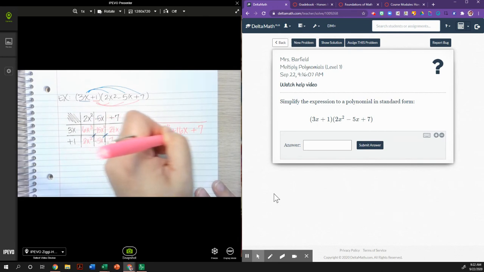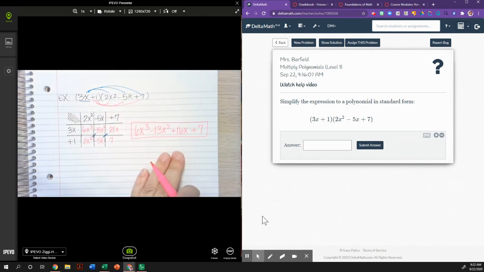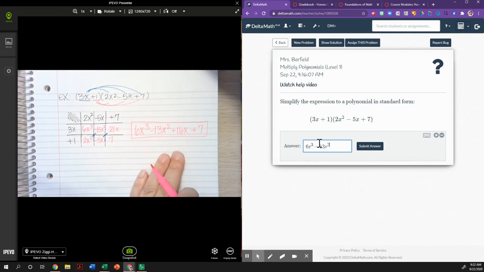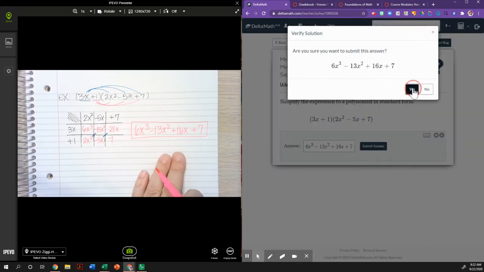So that is my final answer. So 6x to the third minus 13x squared plus 16x plus 7. Submit my answer.